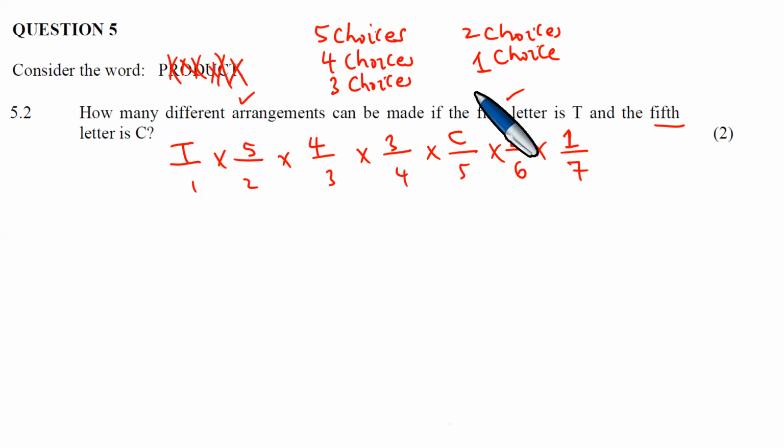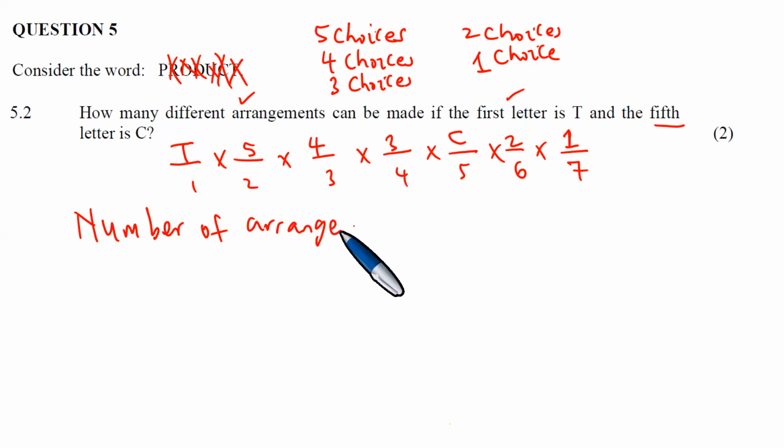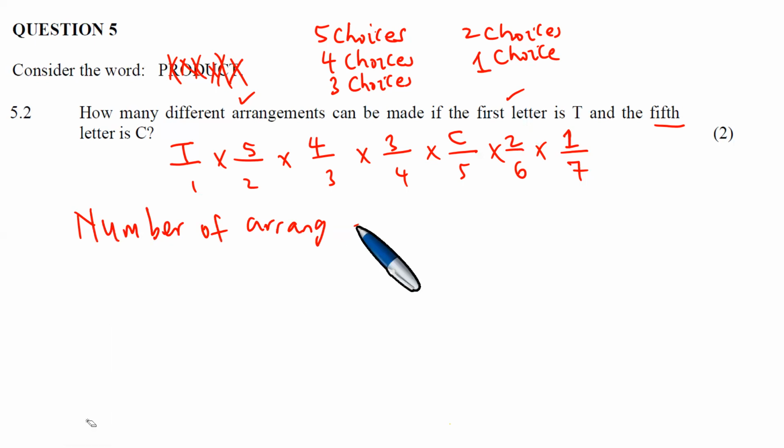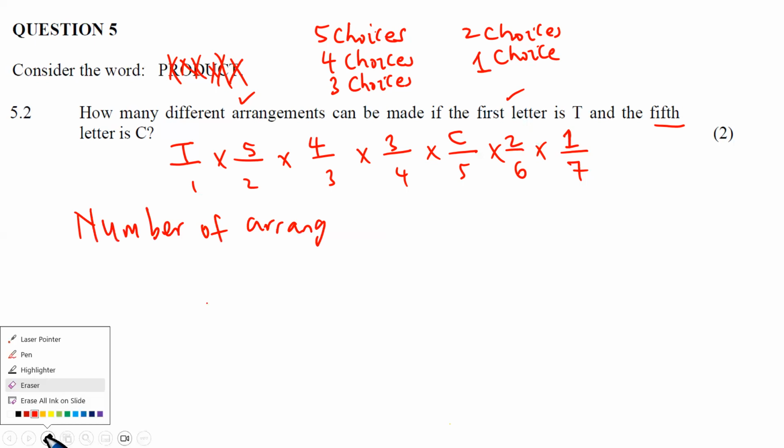Right, so 5.2, the number of the arrangements is going to become what?